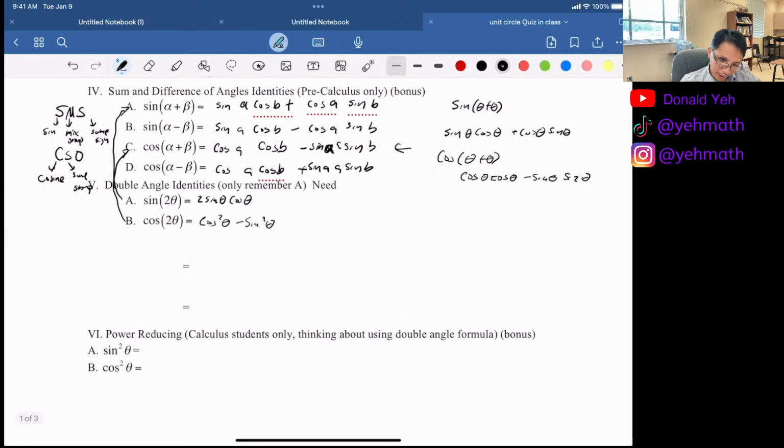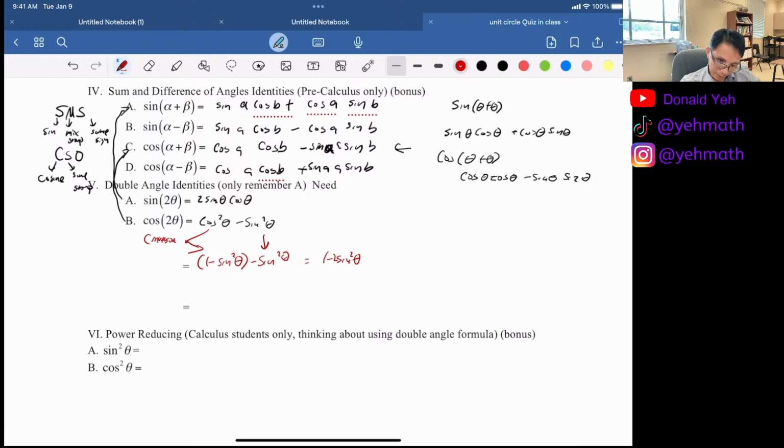So instead of cosine squared here, I'm going to replace that with 1 minus sine squared, and minus sine squared. Conversion is changing cosine squared to 1 minus sine squared, and it eventually becomes 1 minus 2 sine squared theta, which is the second double angle identity.